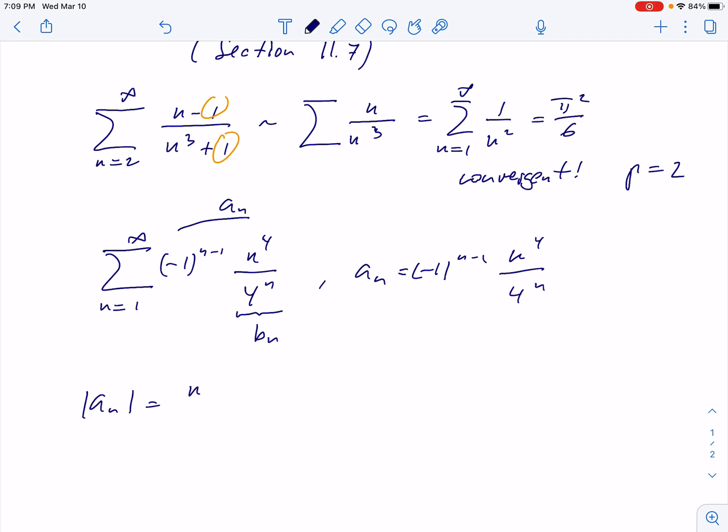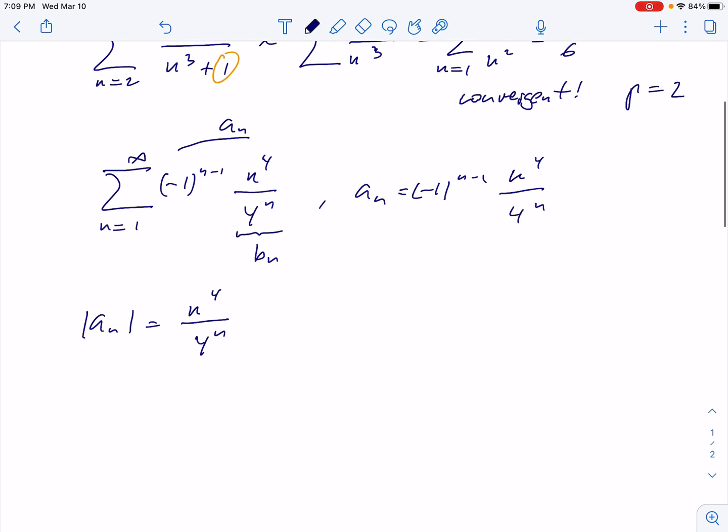It will be this positive factor. This is b sub n. And now, when you have such exponentials, a ratio test is appropriate. The root test also will work here. I will show you later, but let's do first the ratio test.